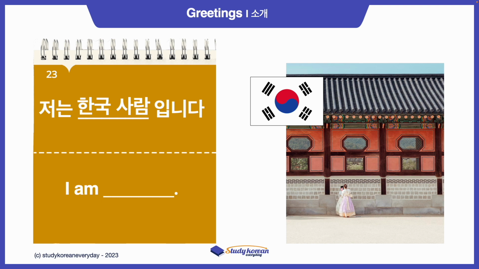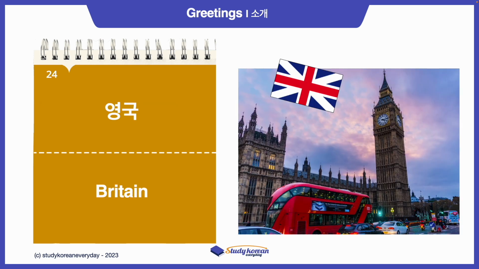Then it becomes a nationality. So for example, 한국 사람 means a person of Korea, which means Korean. So, 저는 한국 사람입니다, which means I, Korean, am. So, I am Korean.